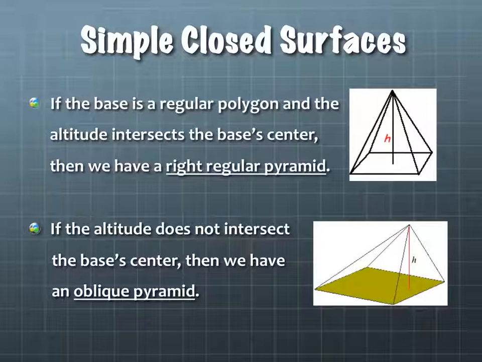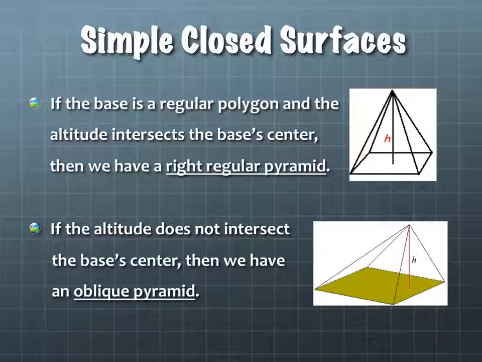If the altitude does not intersect the base's center, it's oblique. And again, visually it has to do with whether we imagine it standing straight up and down or if it's leaning. Is it at a slant? Slanted means oblique, and straight up and down means perpendicular. We have a right angle hitting the bottom.